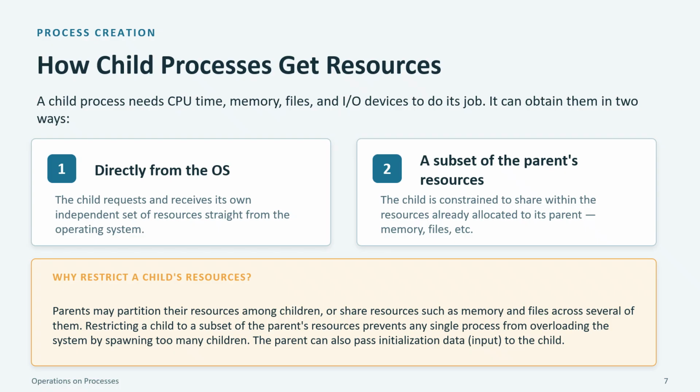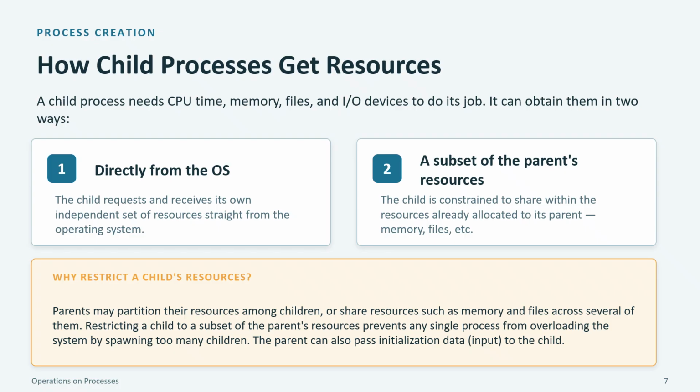The second possibility is that the child receives a subset of the parent's resources. For example, the child may share or inherit access to certain files or other resources associated with the parent. Why do we restrict the resources of a child? Suppose a parent process creates a very large number of child processes.